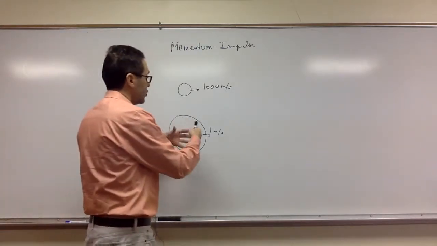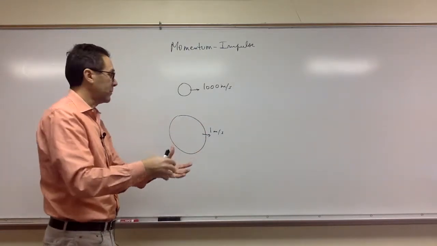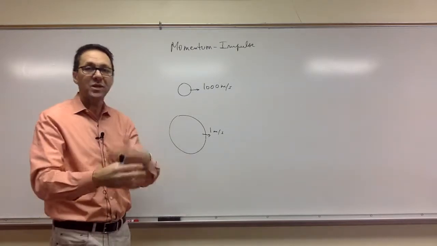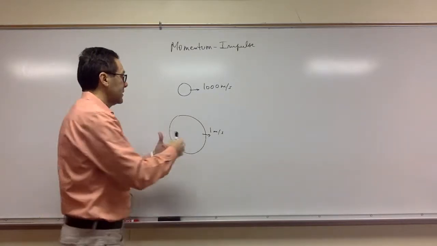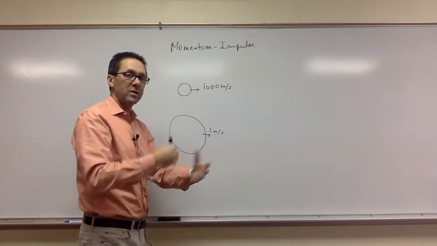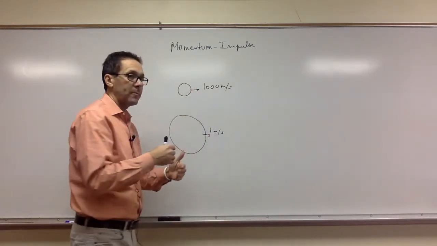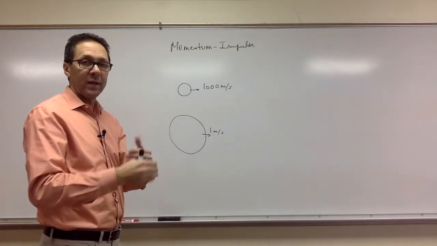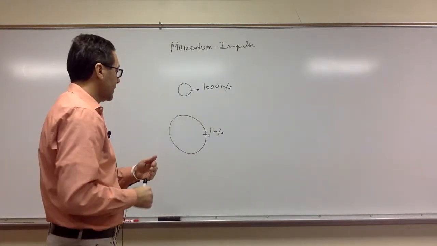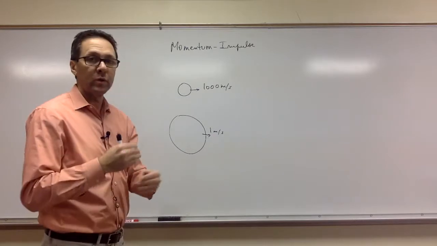So you can see that this quantity of motion is not just speed, okay? It has to do with speed, but that's not the only factor that affects it. Speed and mass both play a role, and as a matter of fact, they play an equal role.